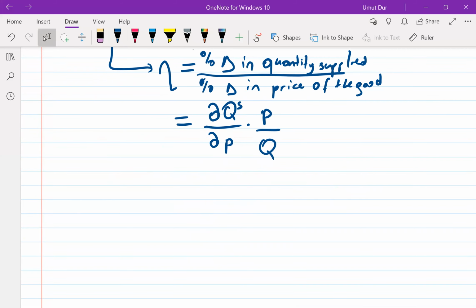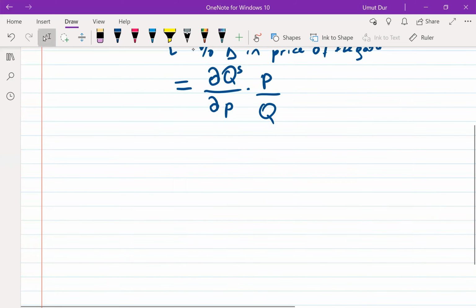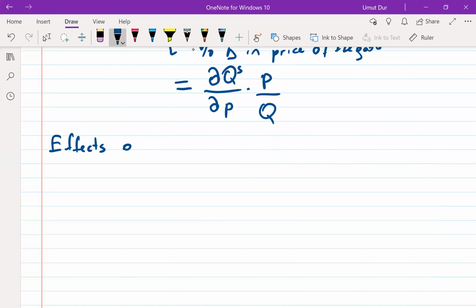So today we will start with a specific question: we are interested in the effect of a tax on consumers and suppliers.